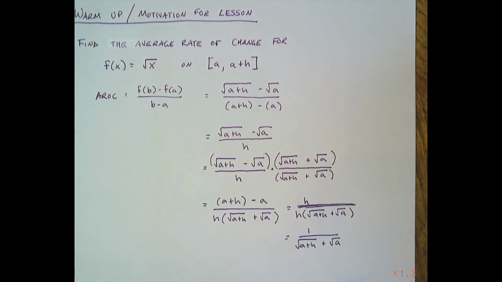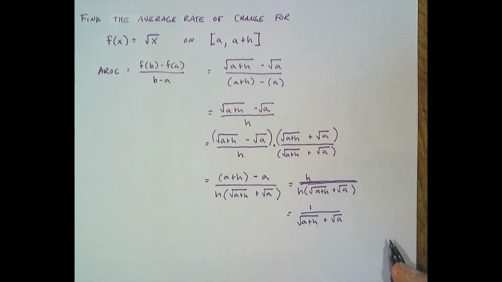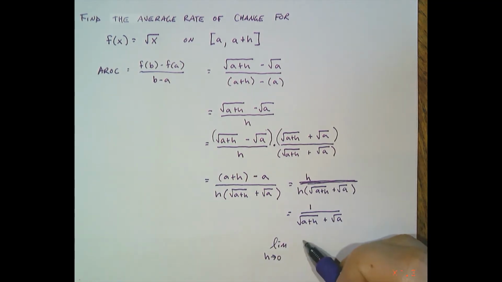So when I, in the future, take the limit as h goes to 0 of this expression, the idea that your average rate of change is going between two closer and closer points, I wind up getting 1 over 2 root a.